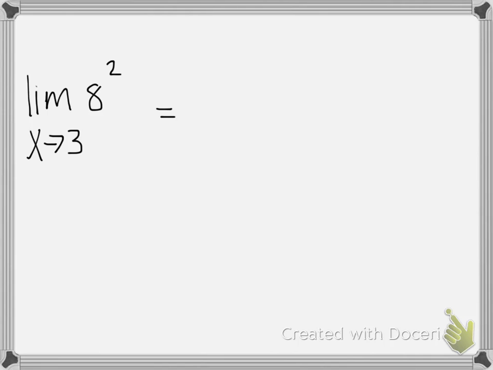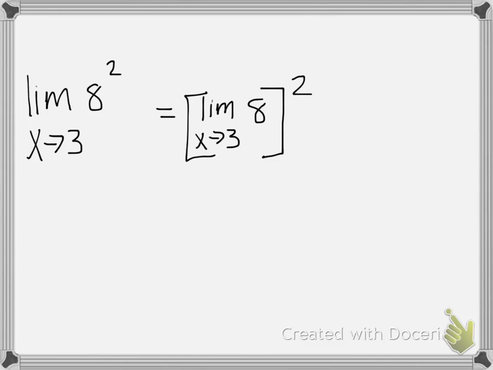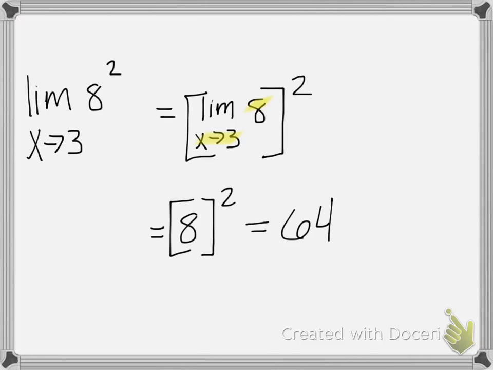So that is just going to be the limit as x goes to 3 of 8 squared. Like we said before, we have x going to some number, but we have a constant. So that's just going to leave us with that constant raised to some power, which is 64. It's all pretty simple and self-explanatory.